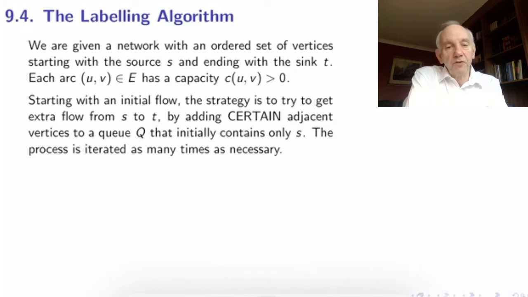Normally in these examples we use letters of the alphabet, A, B, C, D and so on. So although you put the source first, the source is called S, after that you should start from A, B, C in that order, because when you want to add vertices you want to take them in some order. It doesn't really matter, but you need to make a choice.